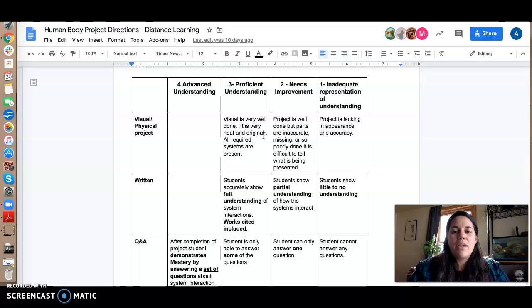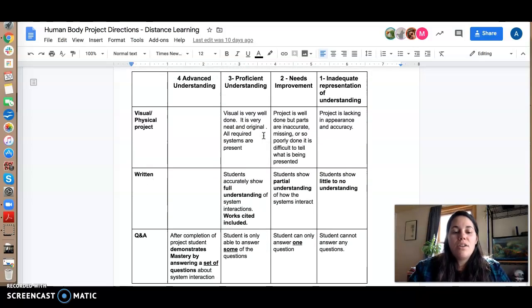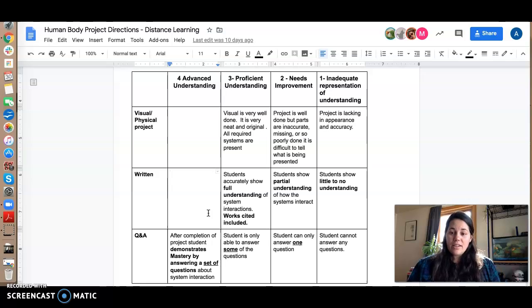And you can see I've embedded the rubric into this page as well. You're essentially trying to show us this full understanding of your systems. If you are using information from other websites, you need to have this works cited page included. And then making sure that you're showing mastery, really you can show me that with your questions.